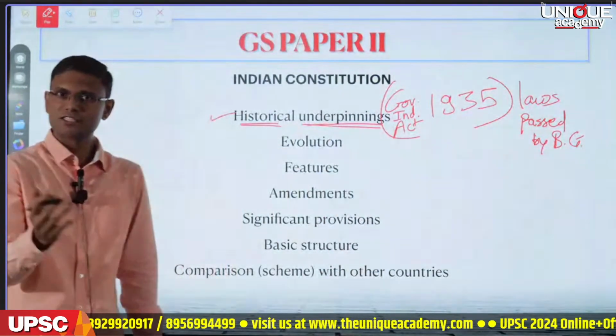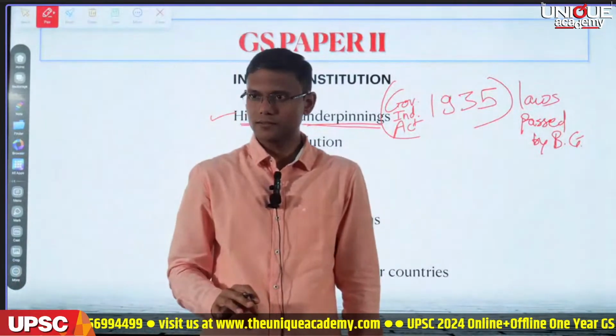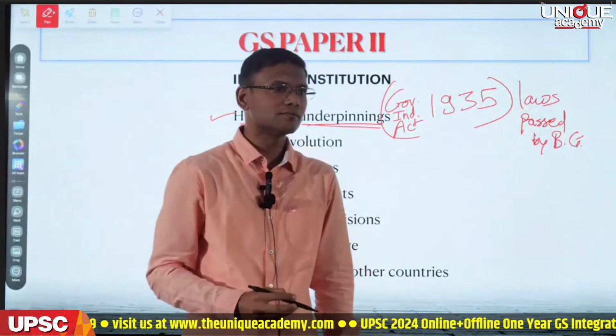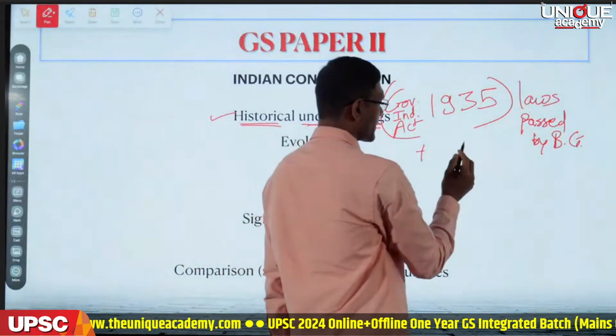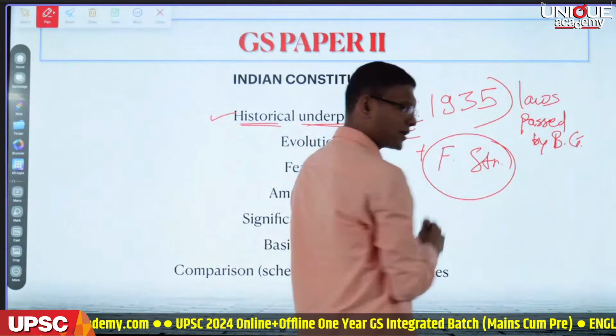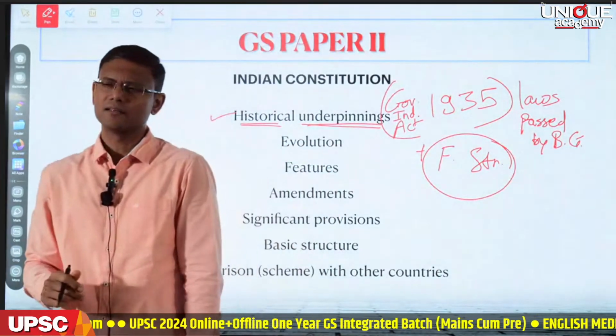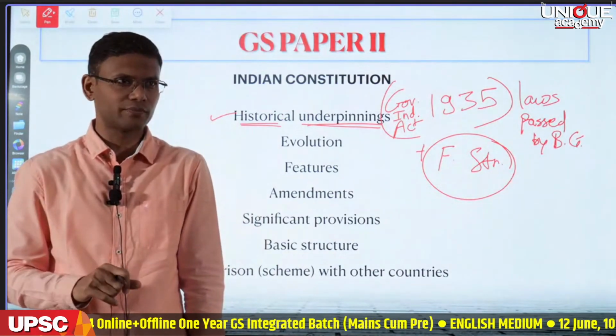Correct? That is pre-independence time. Right. Anything else? Can we also consider the freedom struggle? Do you think the freedom struggle and the events which took place in it might have also influenced constitution making?